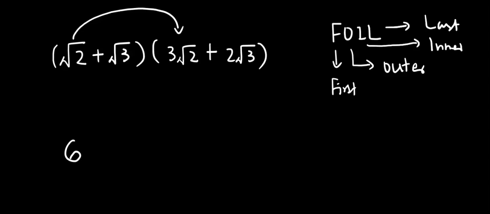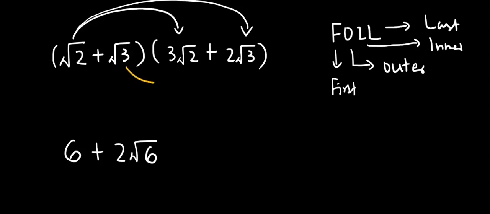And next one, I'm going to do O, is outer. So this one, then I'm going to do outer. And outer is square root 3 times 2 times square root 2. That is also plus, so 2 times square root 6. Next one, I'm going to do inner.